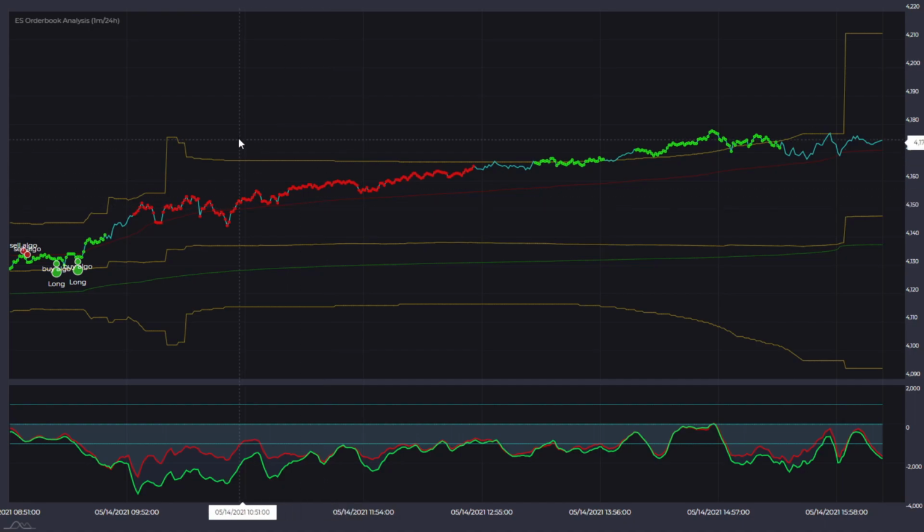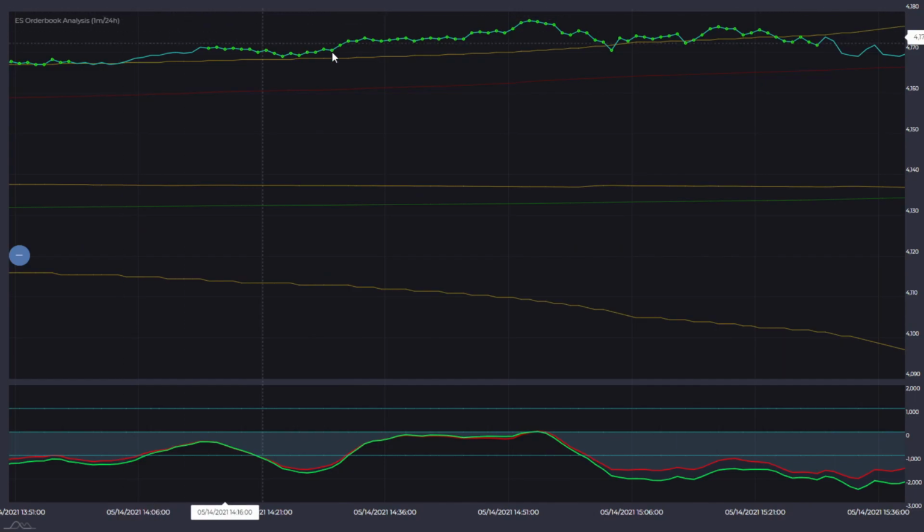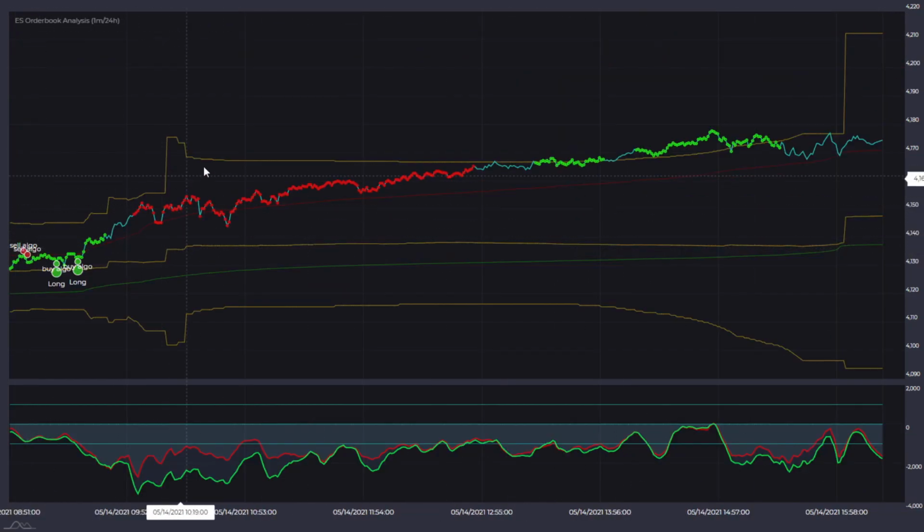But in this case, it doesn't affect any of the signal or any of the color. It usually serves as a pretty good support and resistance, these modified value area lines. And yeah, that's the only reason why it's there.